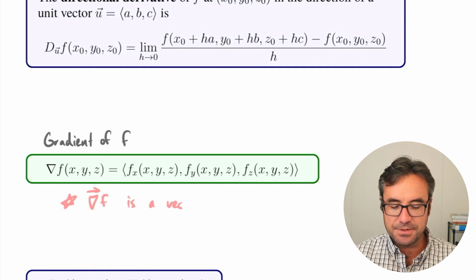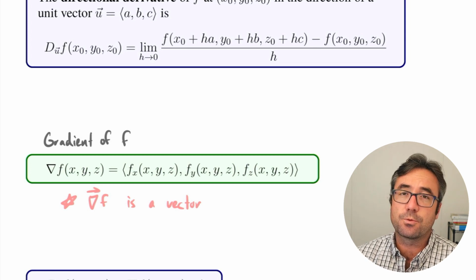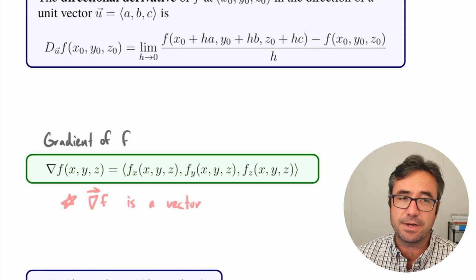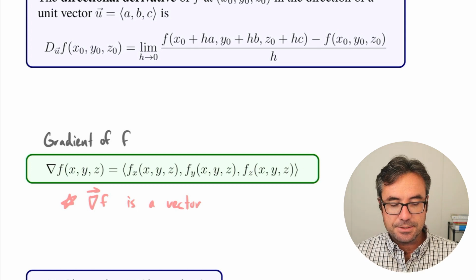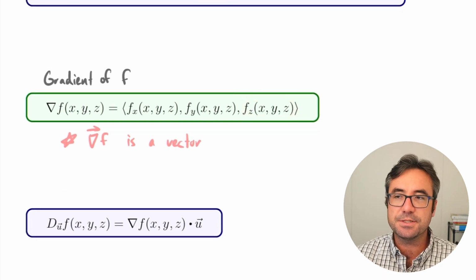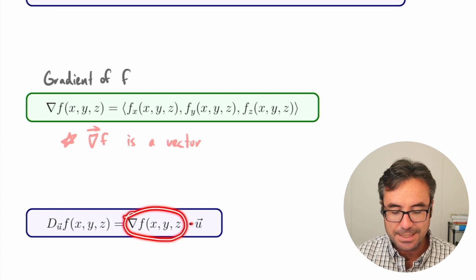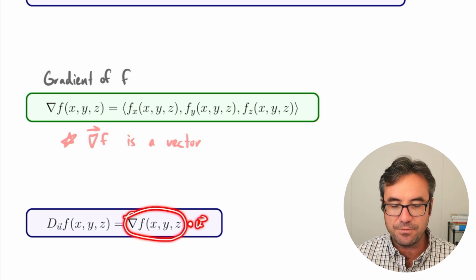To really emphasize that this is a vector, this is a boldface del, and it's hard to write boldface, so we put the little arrow above just to help us remember that this is actually a vector. And so we've just extended this for the three-dimensional case, and we can calculate the directional derivative very similarly to the two-dimensional case. We take our gradient, dot product with the unit vector.